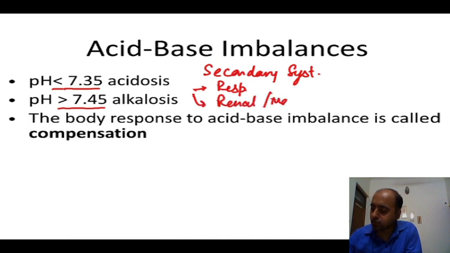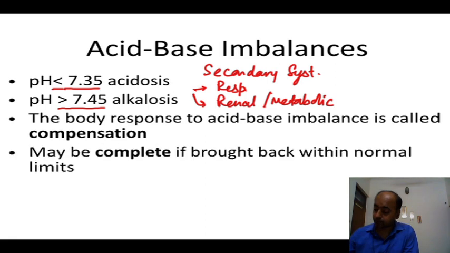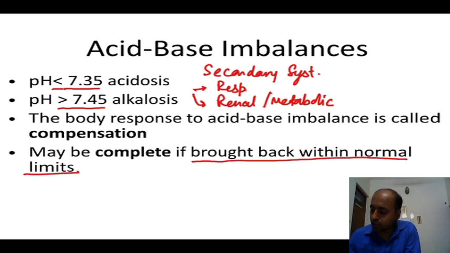The renal system is also known as the metabolic system. Sometimes, very rarely, if the derangement is very small, the compensation is able to bring the pH within the normal limits.